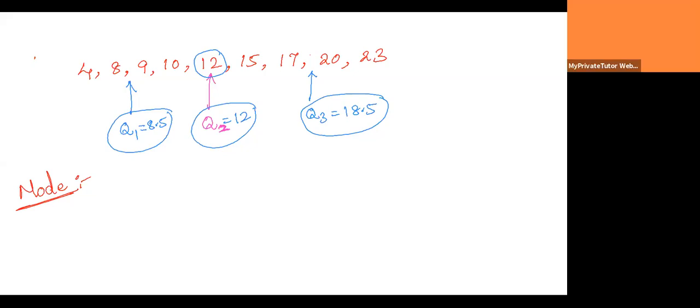So what is mode, guys? It's a very straightforward question and answer as well. It's the most repeating number, the most repeating value, we can say. So if some data is given, let me quickly write the data.